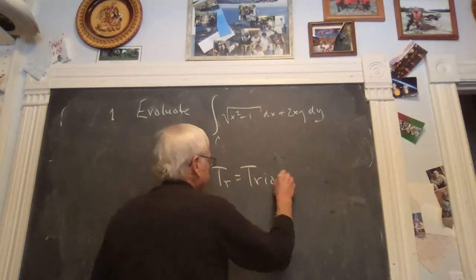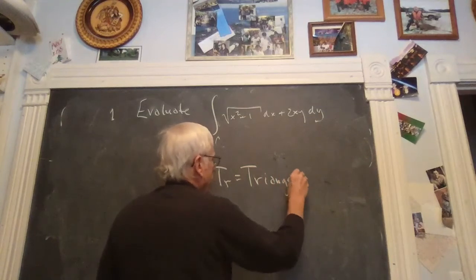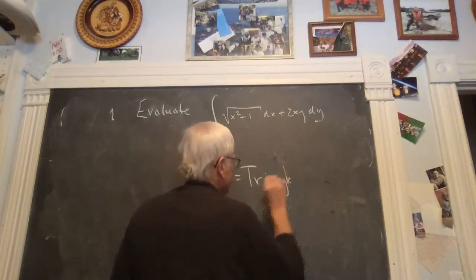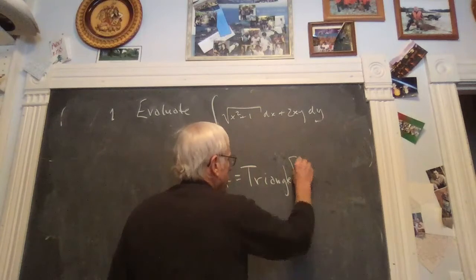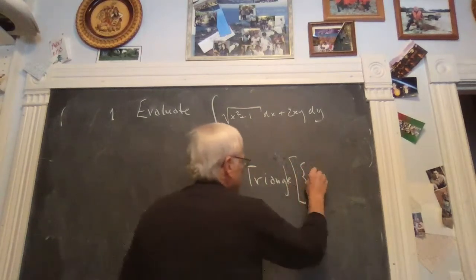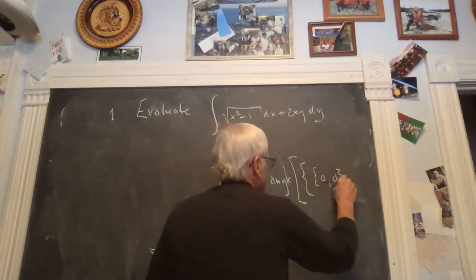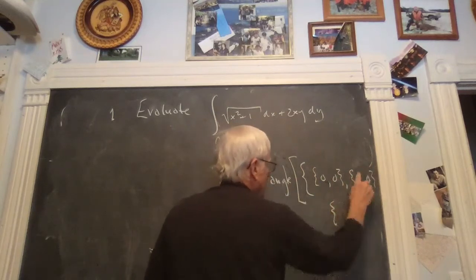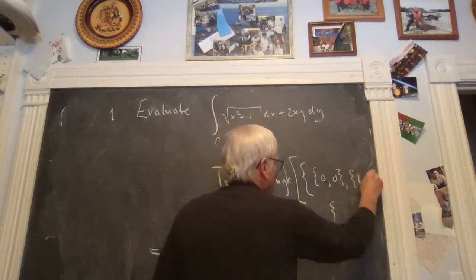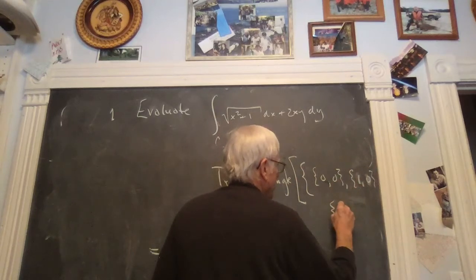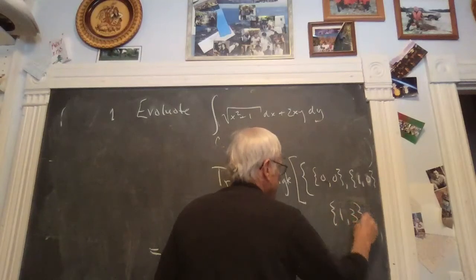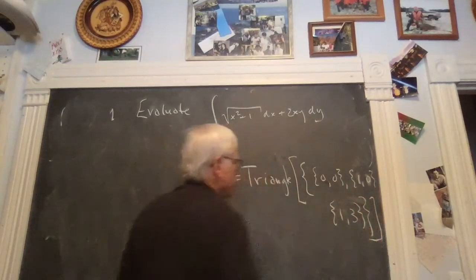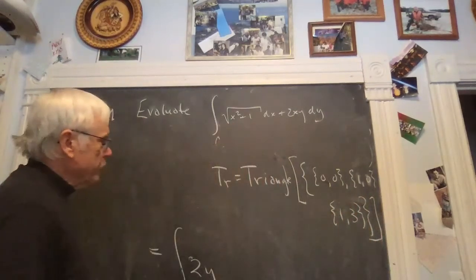We'll need to define it. So I would have this as Triangle, and then you list the vertices, 0, 0, 1, 0, 0, 1, 0, and 1, 3. So that defines the triangle.